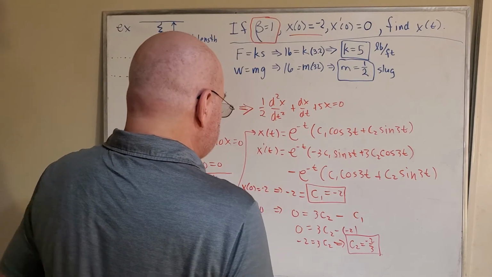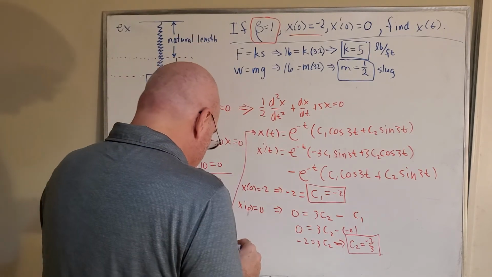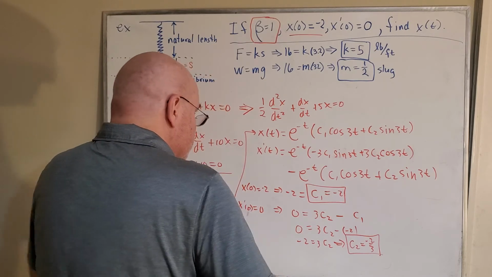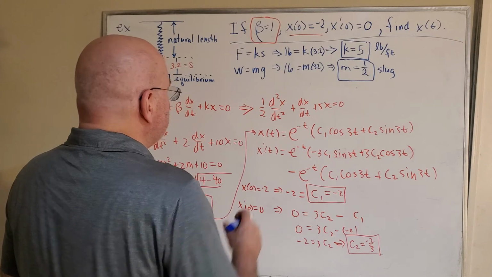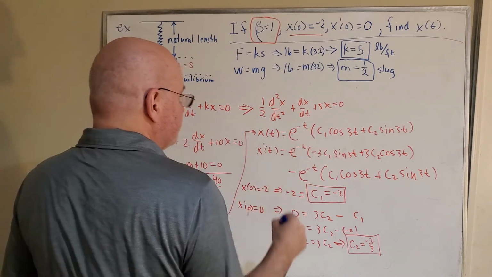All right, so that gives us the final solution. I ran out of room, so I'm going to change colors and squeeze it in right here. Here's x of t, and we know c1 and c2.